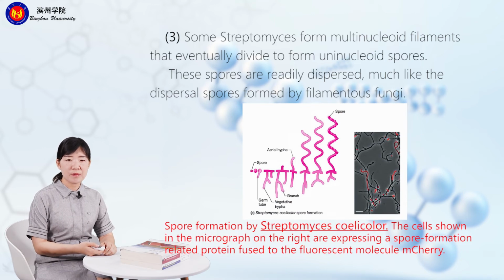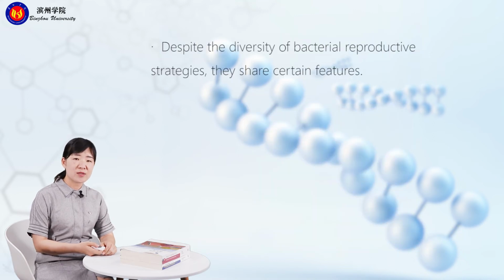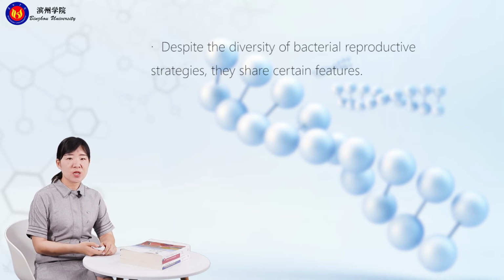Spore formation by Streptomyces. In color, the cells shown in the micrograph on the right are expressing a spore formation related protein fused to the fluorescent molecule mCherry. Despite the diversity of bacterial reproductive strategies, they share certain features.